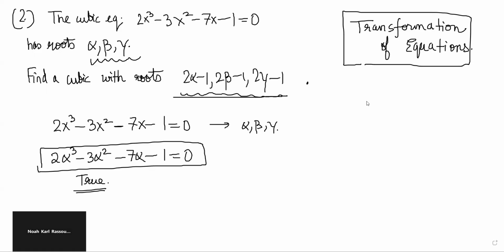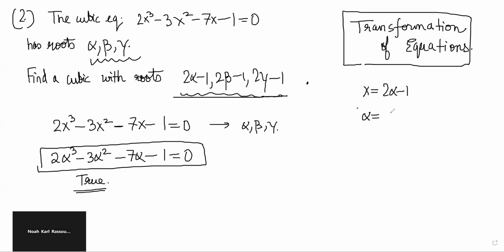So what I will say is, if x is equal to 2 alpha minus 1, what we are trying to do is find alpha in terms of x.